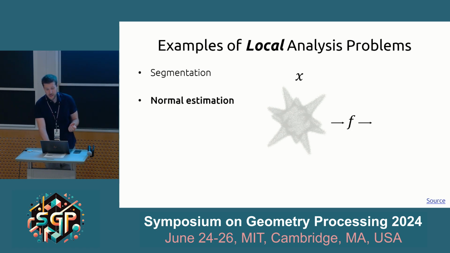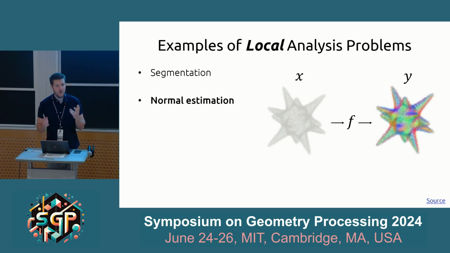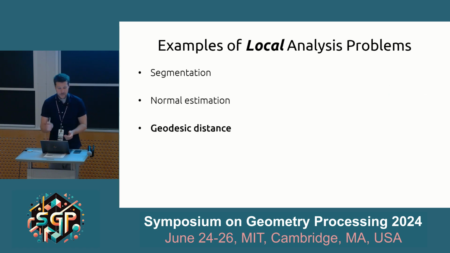So I might like to have a neural network which can take this cloud of unoriented points and tell me what direction the surface is pointing at each point in that point cloud. In this case, I've just done the standard thing of coloring each point where RGB correspond to the XYZ coordinates of where that normal direction is facing. So clearly green is mostly facing toward our view direction.